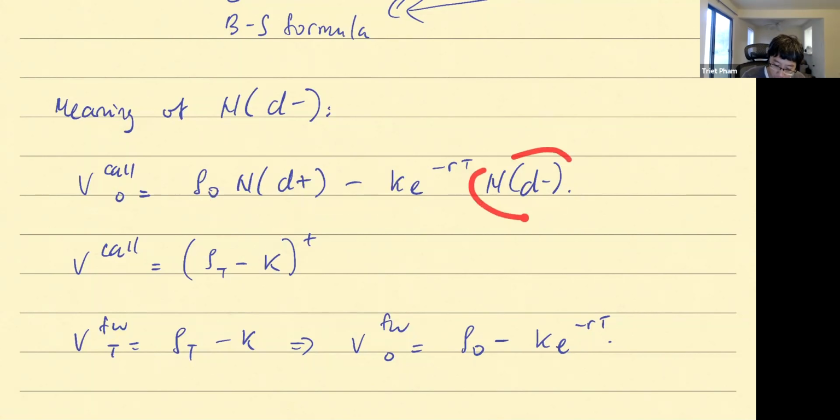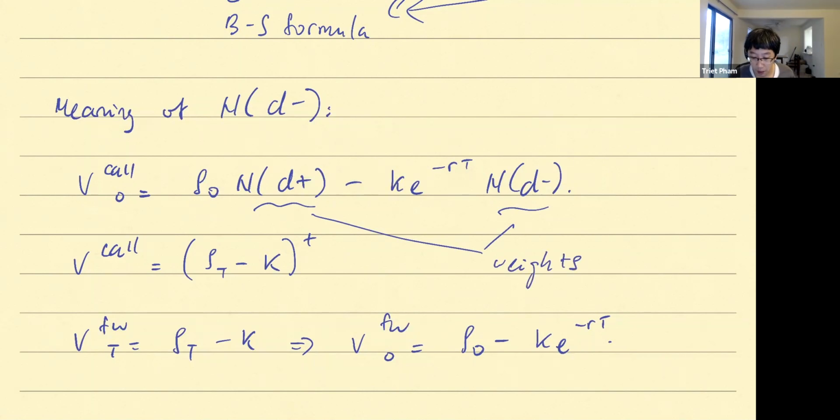So these weights are weights from some point of view. They're weights because they are values between 0 and 1, they're probabilities. They balance out the value due to the convexity you have from the non-linearity in the payoff of the call option. But exactly because of that, these weights have their respective meaning. And here we want to highlight N(d-), which is very easy to say.